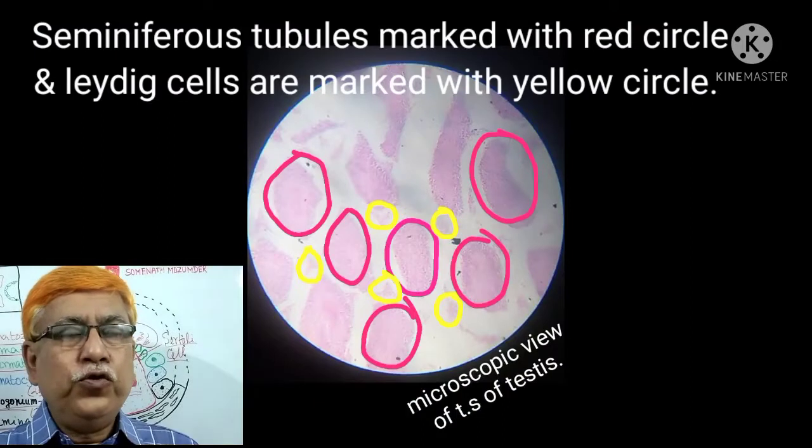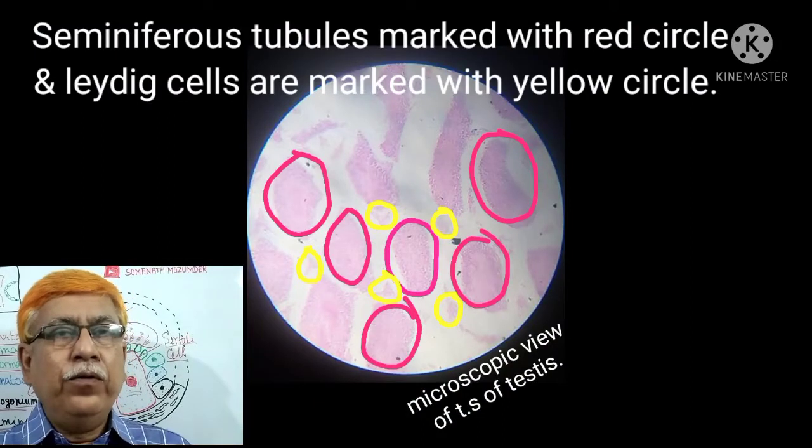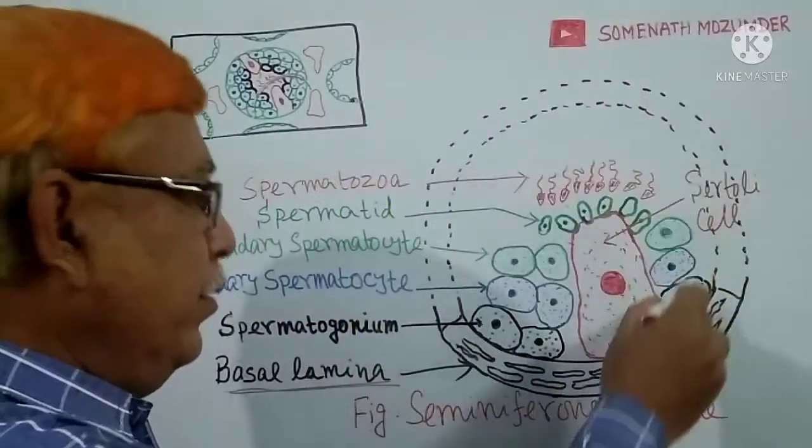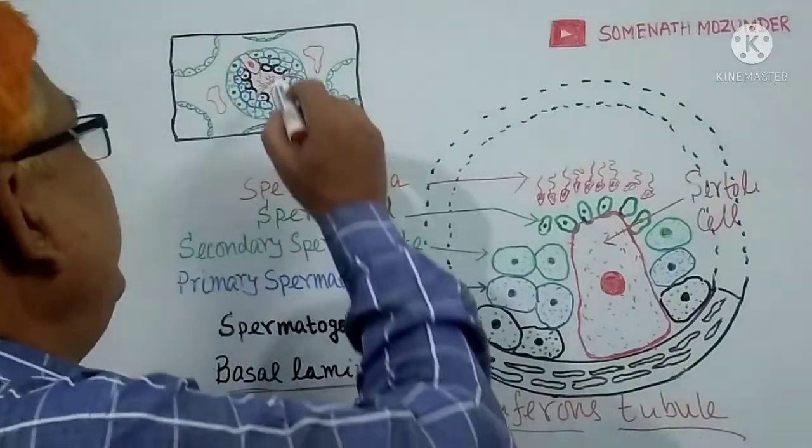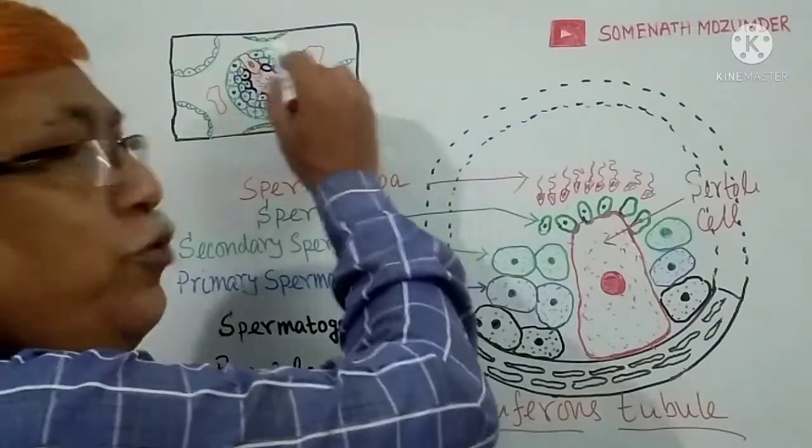This slide shows a microscopic view of TS, or transverse section, of a portion of testis. Seminiferous tubules are circled with red color, and Leydig cells are circled with yellow color. This figure shows a seminiferous tubule.